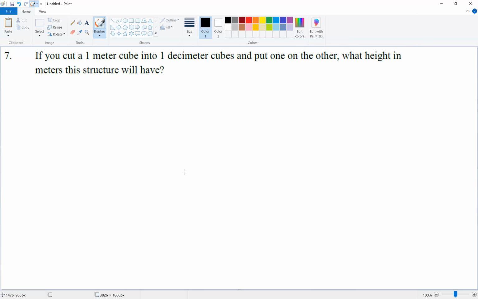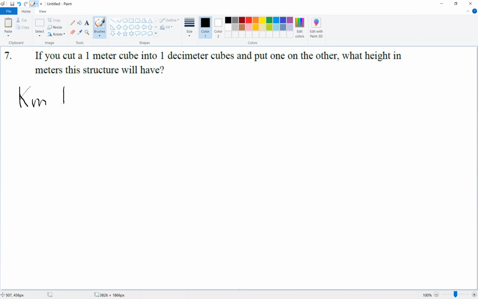First of all, do you know decimeter and meter? How many decimeters in a meter? 100? No, that's not correct. Is it 10? It is 10. So the way it works, Nina, you can write this down.